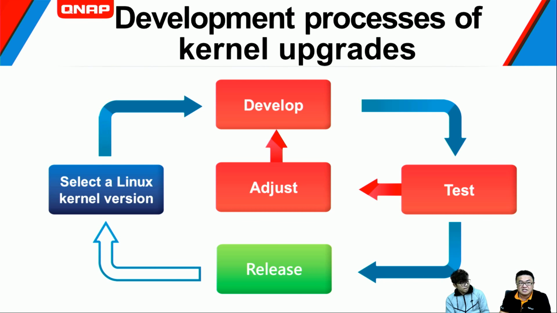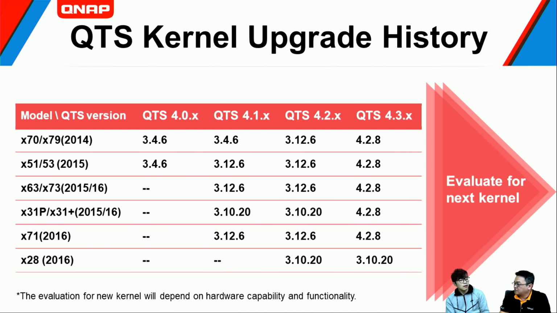Let's talk about the history of our QTS kernel. As you know, the X70 series is our old series, published in 2014, and at the beginning we released it using kernel 3.4.